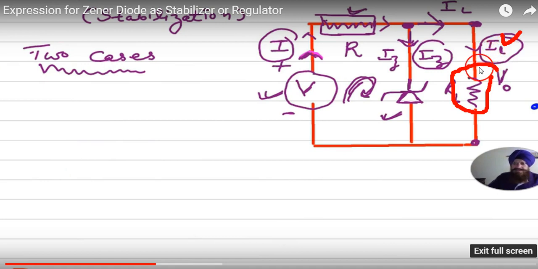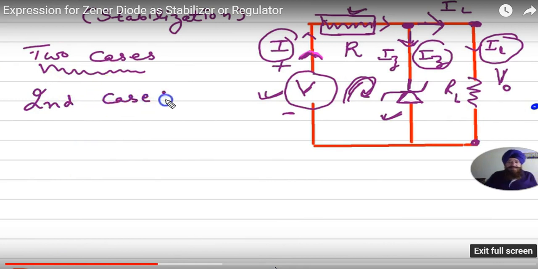If IL changes, what happens? Because the change in IL is the negative of the change in IZ, if IL increases, then IZ will decrease. If IL decreases, IZ will increase, so that there is no change across the output, across the Zener. So in this way, the Zener itself adjusts the current so that there is no change across the output.